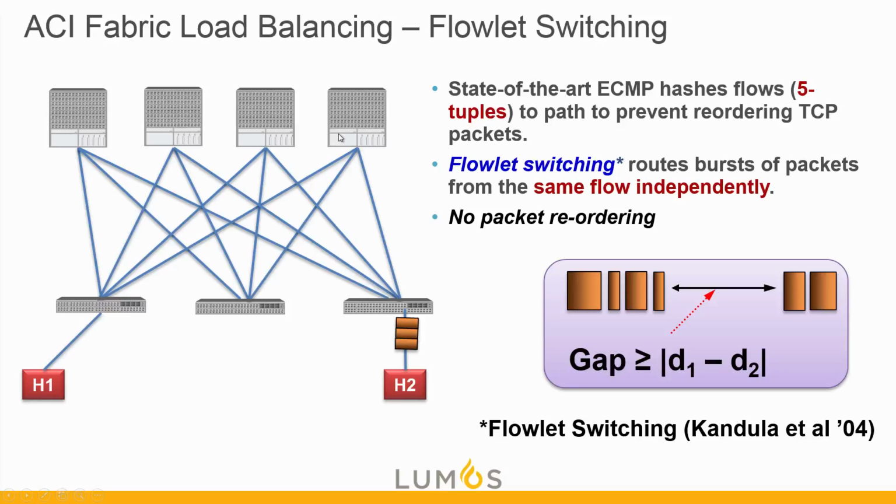So I could go out link 1 to get to leaf 3, but I could also go out link 2 to get to leaf 3, go out link 3 to get to leaf 3, or go out link 4 to spine 4 to get to leaf 3. But it's also possible, if you think about it, that I might have multiple links.